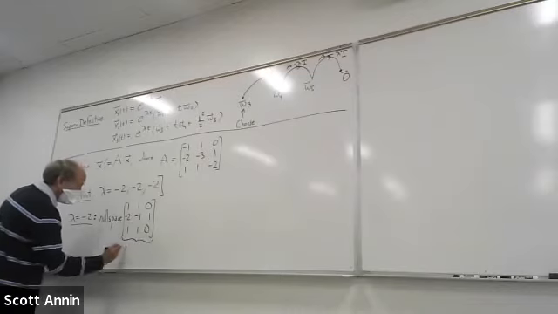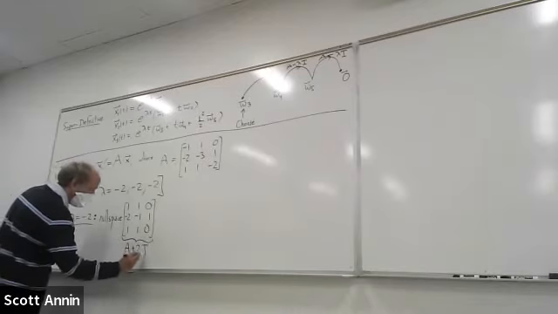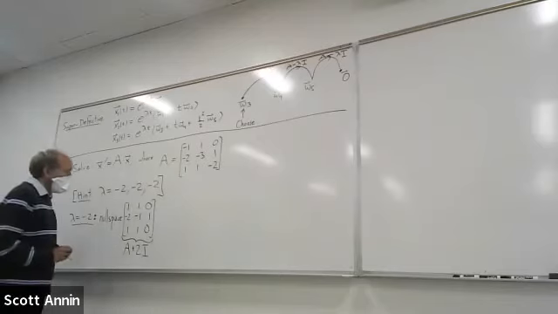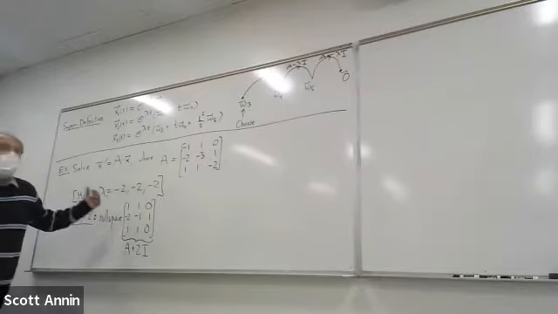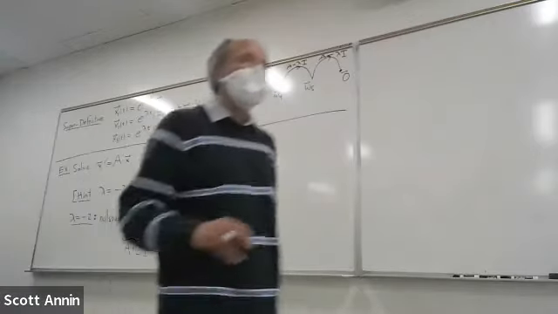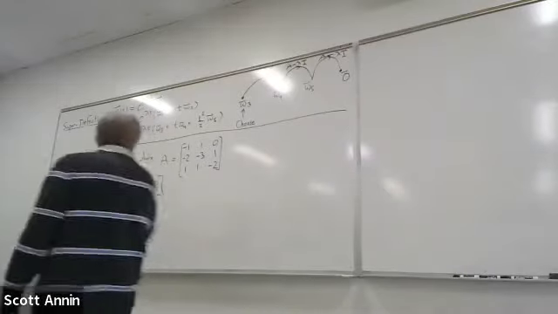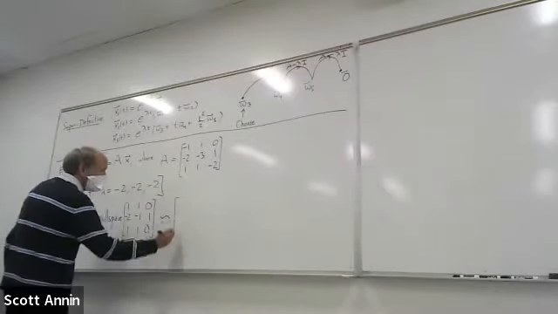This is your A minus lambda I, which in this case is just A plus 2I. That's your matrix. And we know that this matrix is never going to be invertible, so we can always cross off a row.